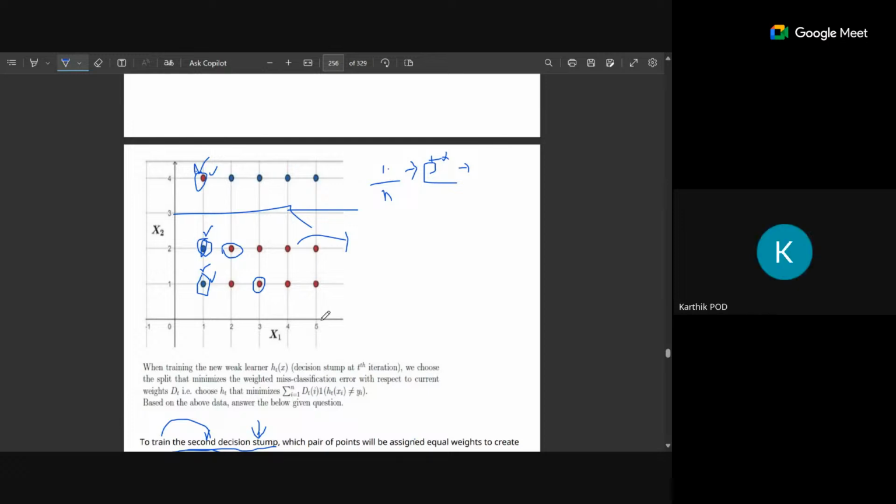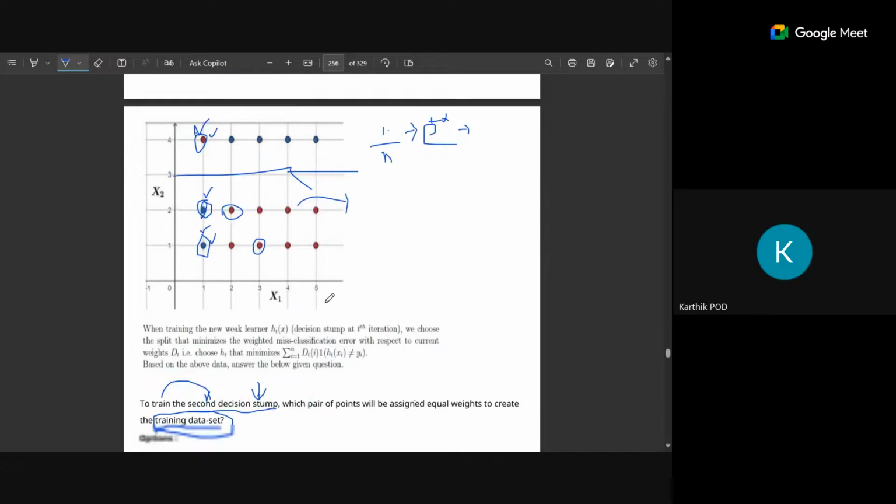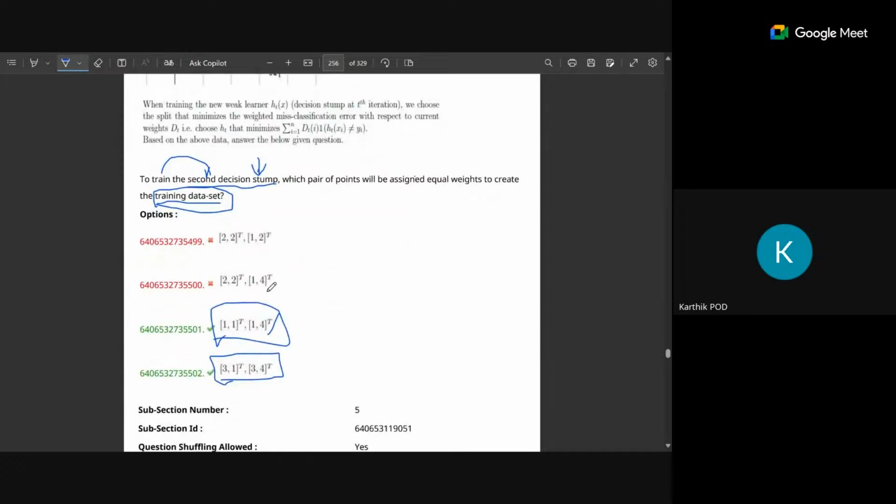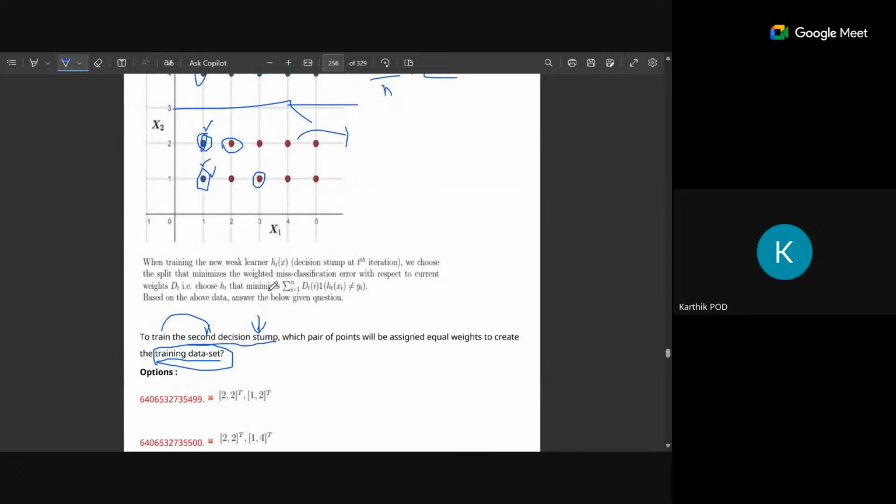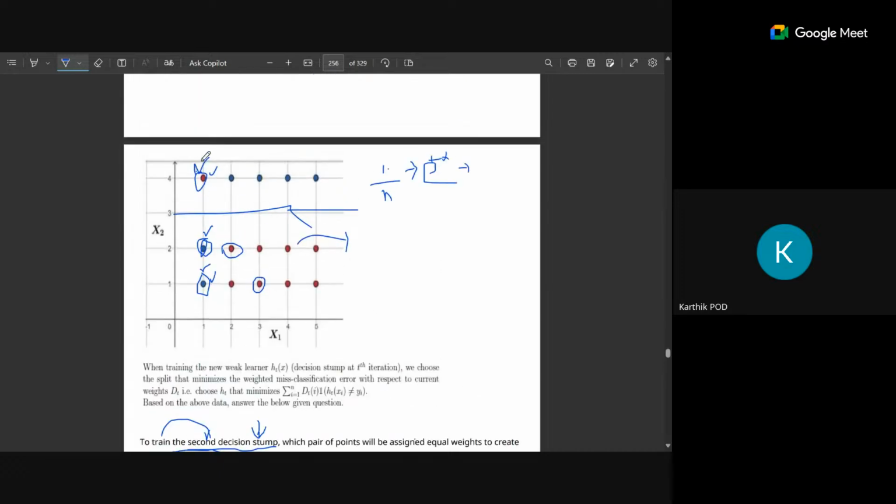So they are not going to have the same weight, right? Because one is misclassified, another was not, so that is wrong. Can you go to the next wrong option? 2-2 and 1-4. 2-2 is correctly classified. 1-4 is misclassified, right? Therefore that's also wrong. I think that is all they mean.